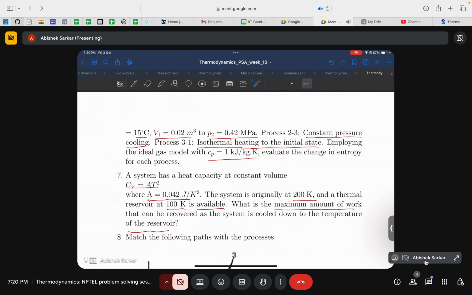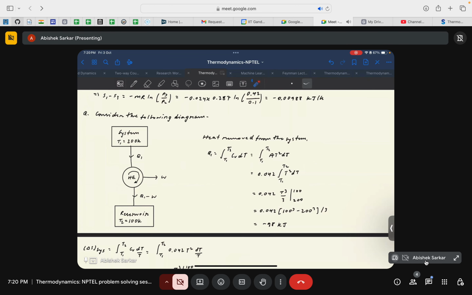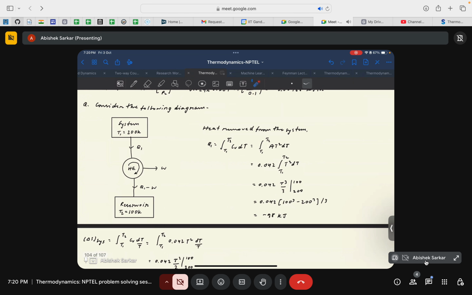Basically, to get some work we need to use a heat engine between this system and the reservoir. That's the key thing to consider, because if we just keep this system in contact with the reservoir, it will not produce any kind of work.